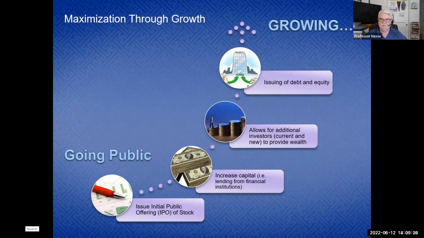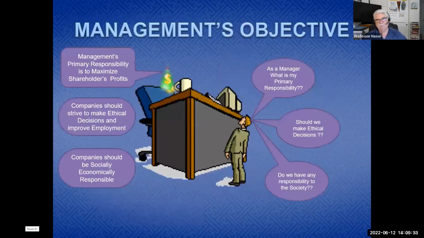You maximize the value of a company by growing and using capital to do that. But at the same time, you want to maximize value and make profits, and you also want to accept and understand the responsibilities of a company.